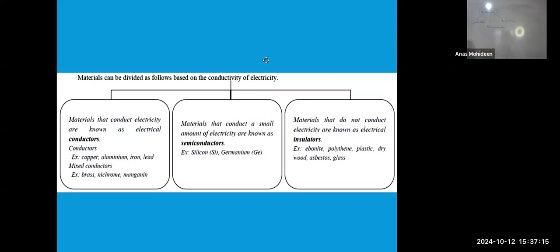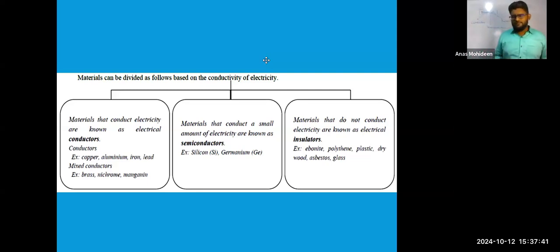Semiconductors are between the conductors and insulators. Conductors conduct electricity very well, insulators can't, so in between, semiconductors can conduct a very small amount of electricity.